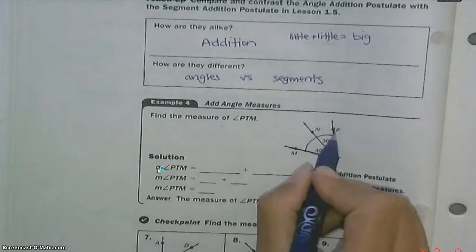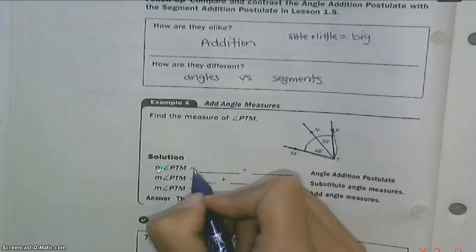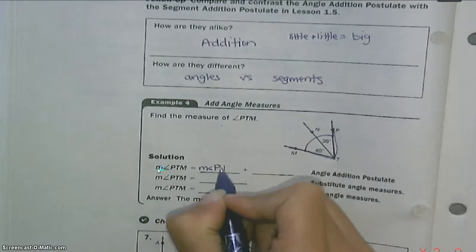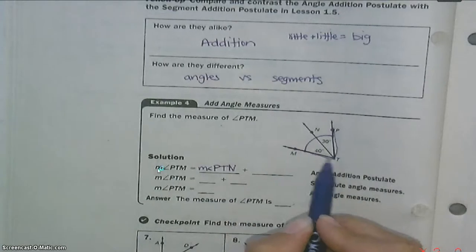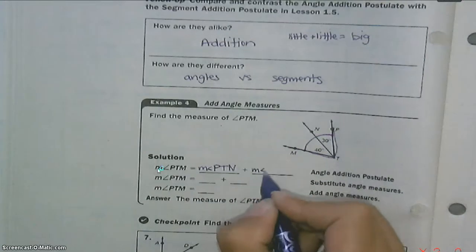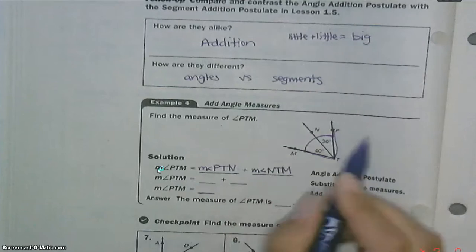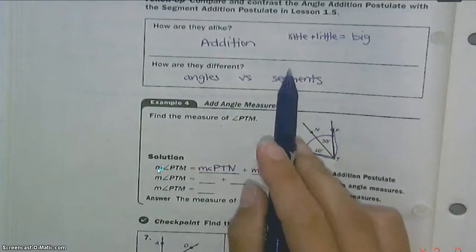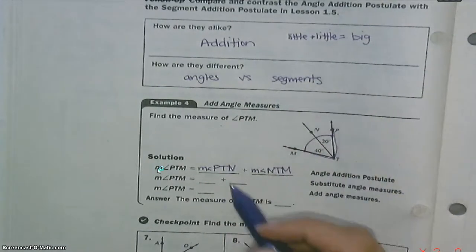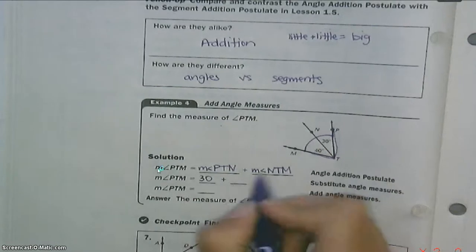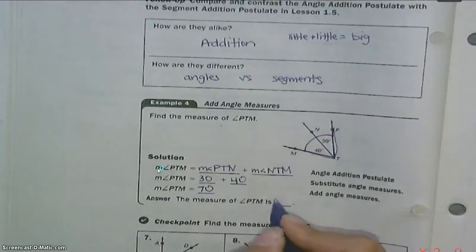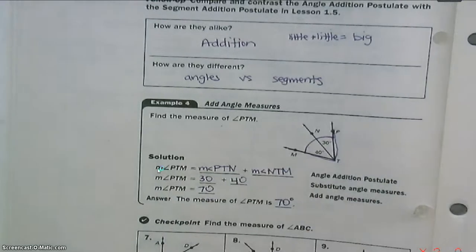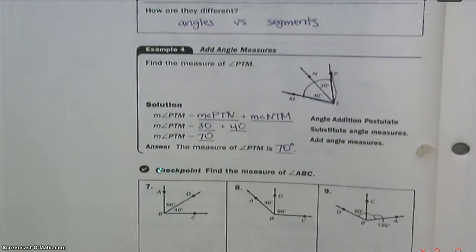I can take angle PTN and I can add angle NTM, and that will give me the large angle. So we just said little plus little equals big. And this little one is 30, and this is 40, and together the large angle has to be 70 degrees, which is acute still.